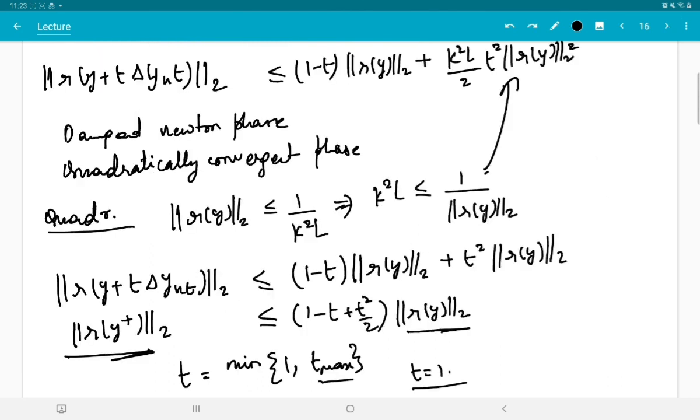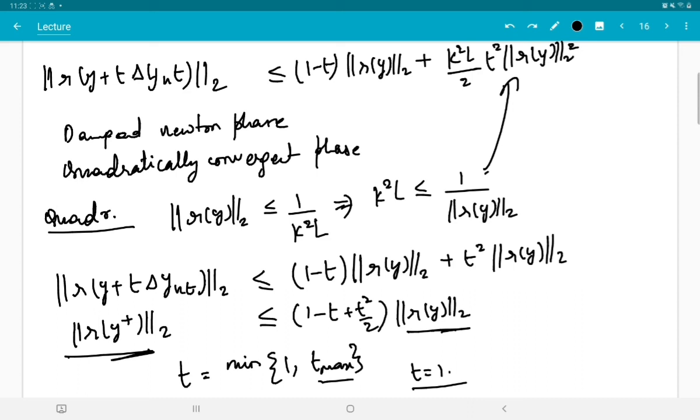I'm not doing the analysis for the damped case, but it is similar to what we have seen in the previous normal Newton method. That is, the value of t decreases, and the thing here is that with each step, if we are in the damped case, then the residue decreases by some amount with each step.